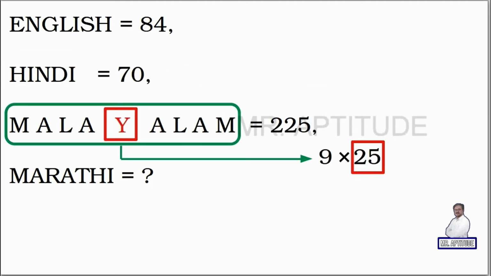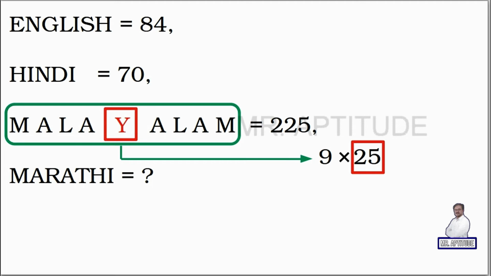When you look at the next word, Malayalam, the middle letter of the word is Y, and its place value is 25. The number of letters present in the word Malayalam is 9. 9, 25 times gives you 225.